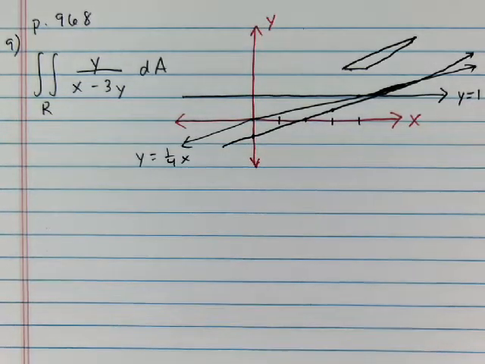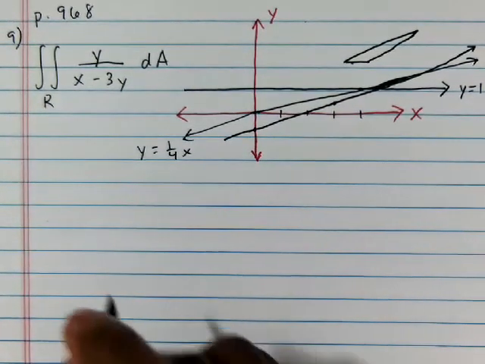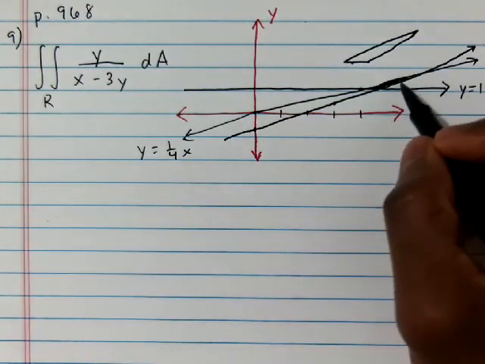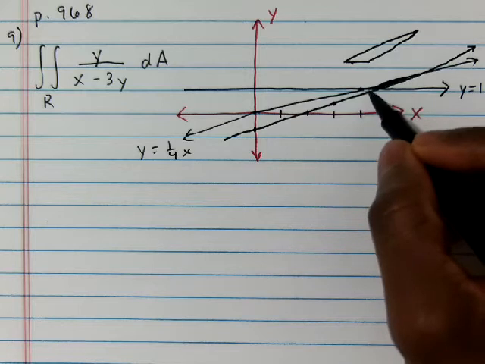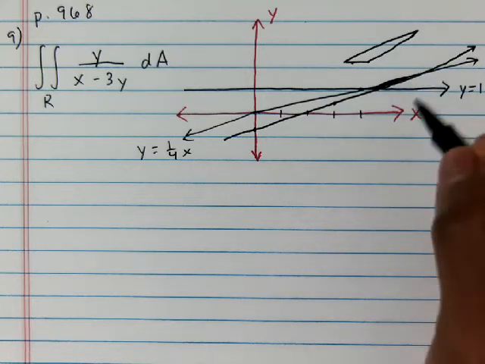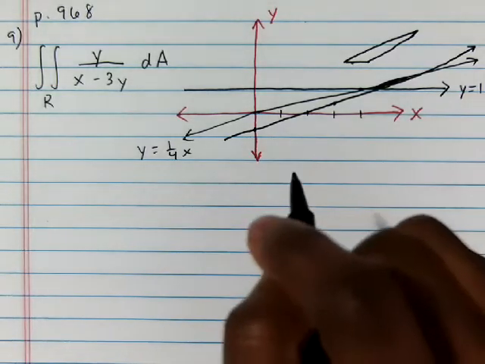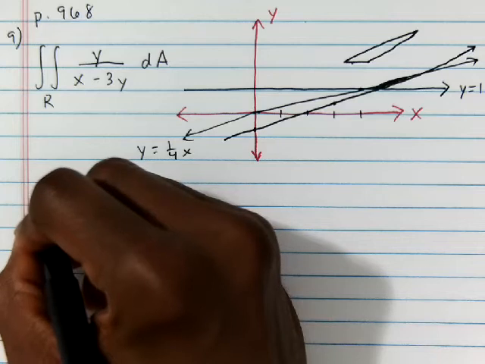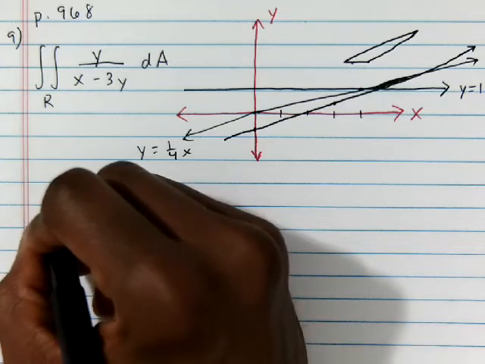All right, so now if we follow the steps, usually our first step is to define the transformation based upon the region. But this time they gave us a transformation. And the transformation they gave us is not step 1. Step 1 normally is we let u and v be equal to something.